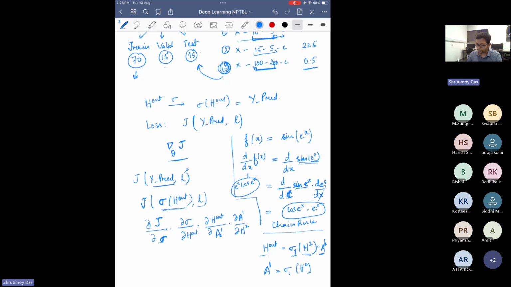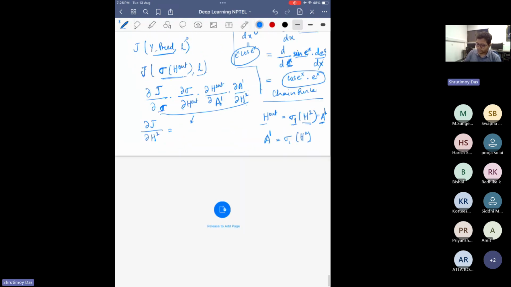So this will be with respect to H2 and so on. So now we will be able to compute. If I want some derivative, say the derivative of z with respect to h2, we can just put this computation here, and if you do this computation you will get h2, right?